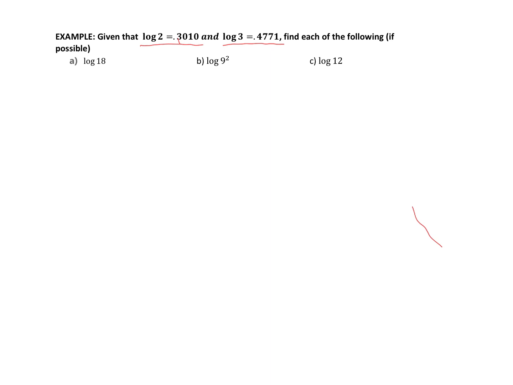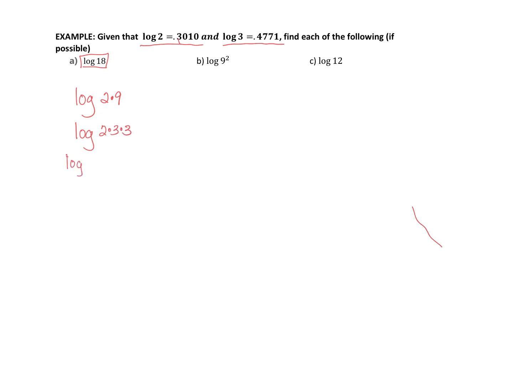So if I only know log 2 and log 3, then I would need to write 18 using 2's and 3's only. So in this case, I could do 2 times 9, and of course 9 is 3 times 3.